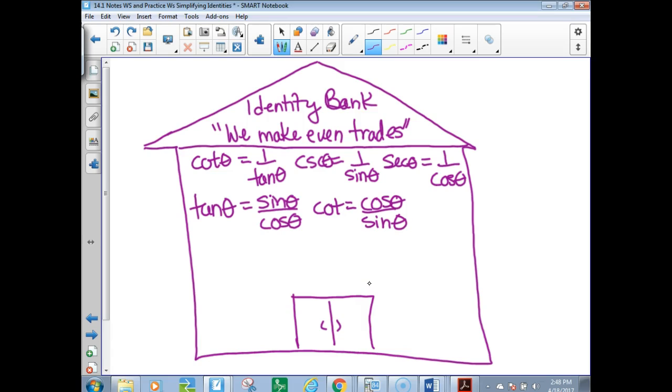All right. Now I've got a new one, and I'm going to show you where it comes from. Hopefully you've gotten into your head that if theta was in quadrant 1 here, cosine was your x value and sine was the y, and the radius in the unit circle was 1.